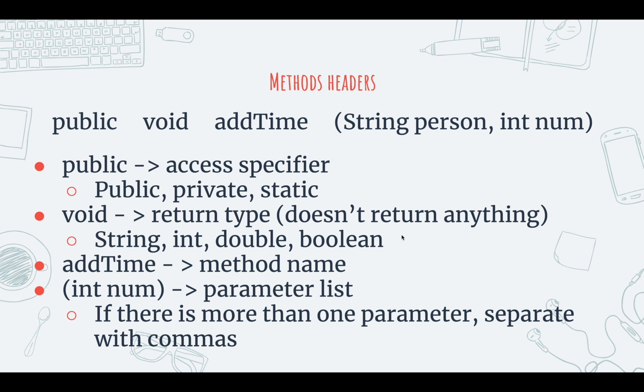That will send out a string, and maybe they can invoke the add time method in a System.out.println line, and it will print out whatever string value we send back to the user. And we do that through a return statement. So we will do return and then the value that we send out to the user.